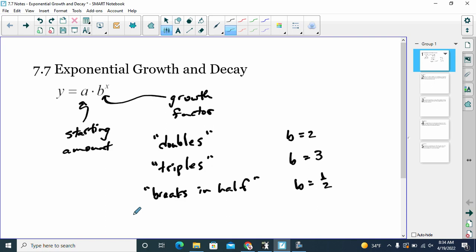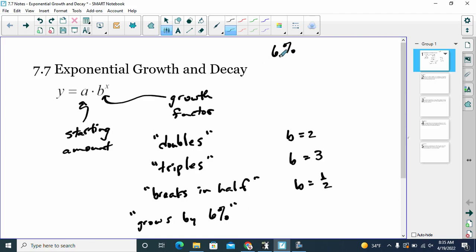Sometimes it's going to grow or decay by a percentage. So if it says that it grows by 6%, hopefully we remember how to change from a percentage to a decimal. All we're going to do is take the decimal point and move it 2 places to the left.